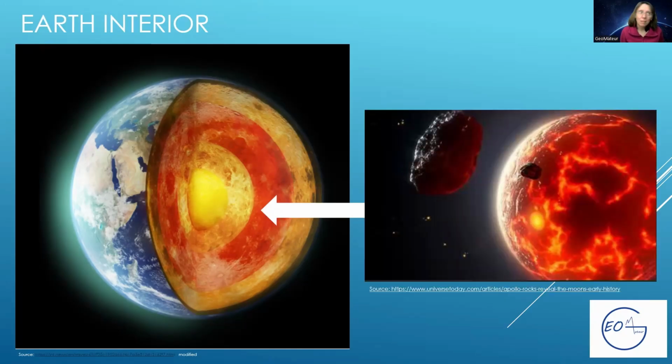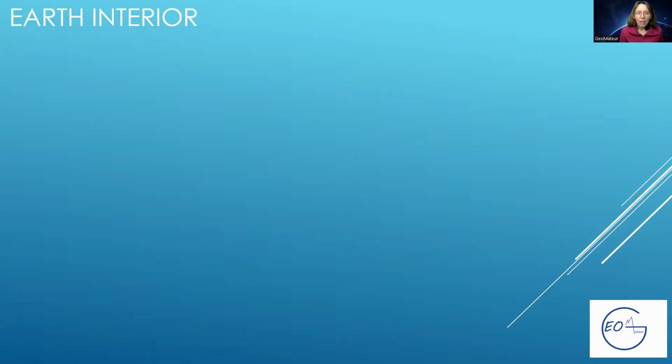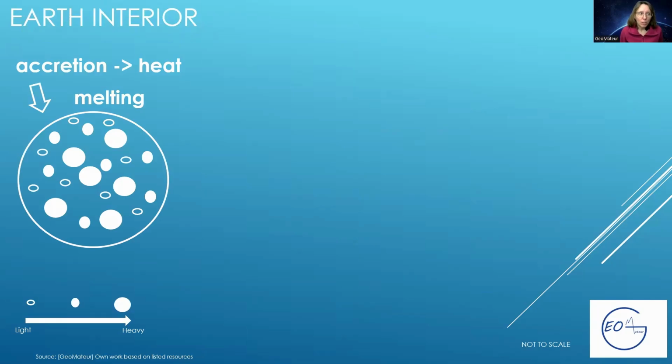That heat plus heat from radioactive isotopes caused melting, or what is called partial melting, of the accreted material. And the melted material was a mixture of heavy and light elements, also referred to as the magma ocean.